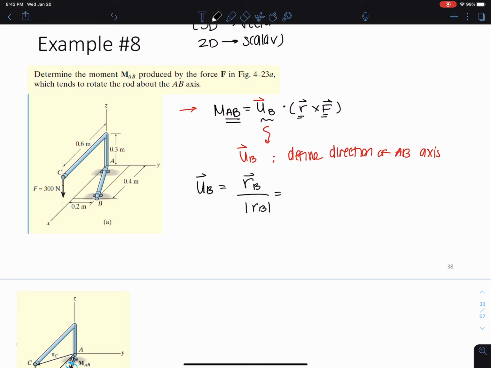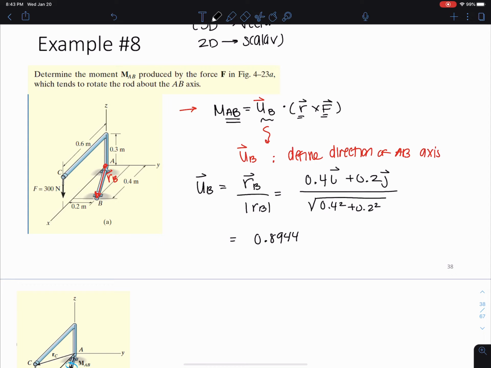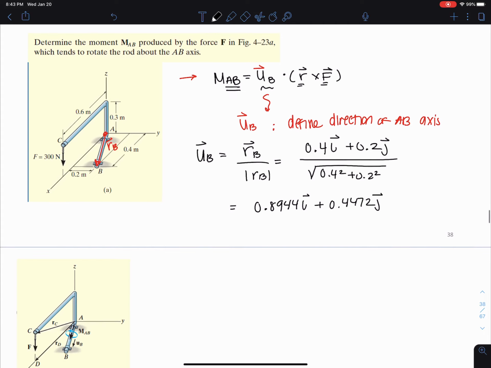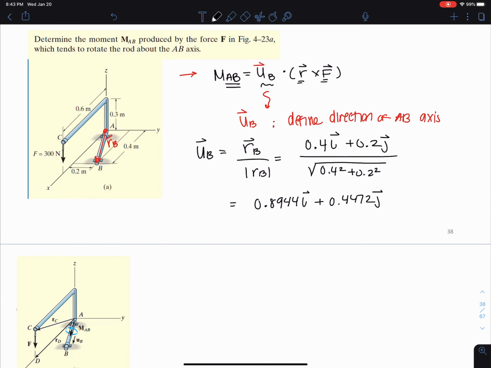So to get to point B, I need to travel 0.4 along the I direction, or the X, going from point A to point B. And I'm going to have to travel a plus 0.2 in the J direction, and then that's going to be divided by the square root of 0.4 squared plus 0.2 squared, and I end up getting 0.8944 in the I plus 0.4472 in the J.